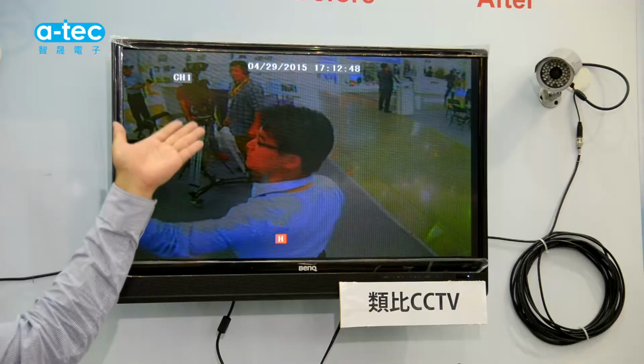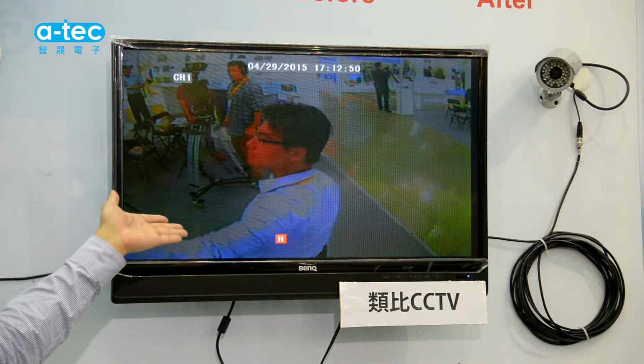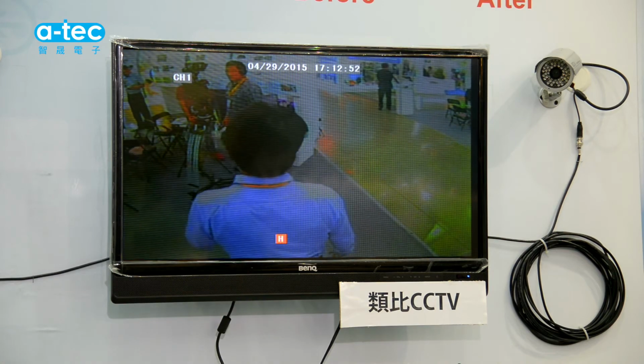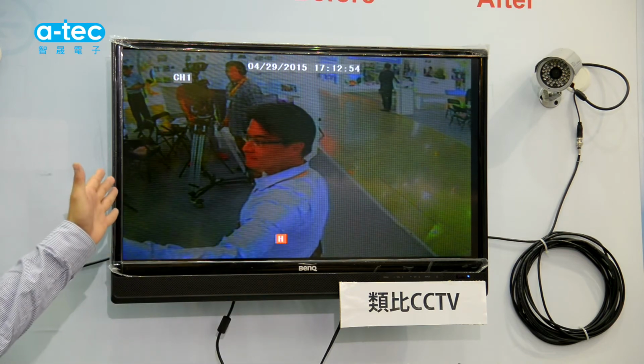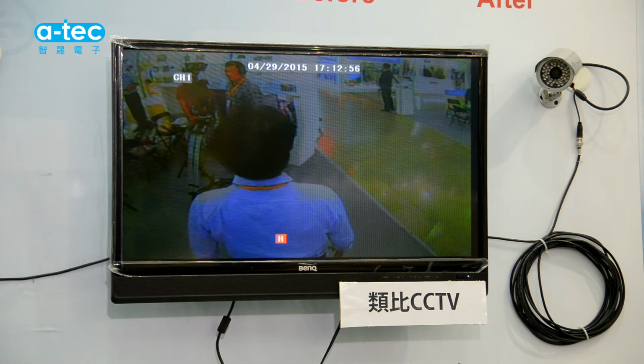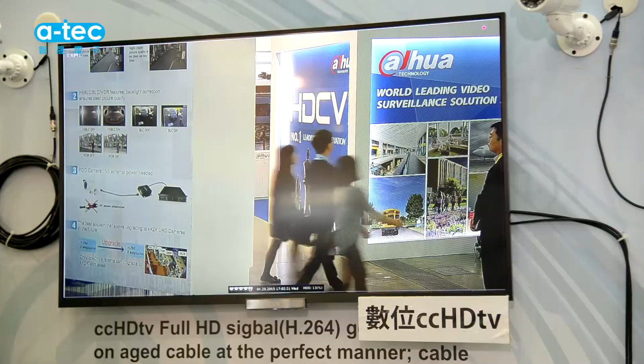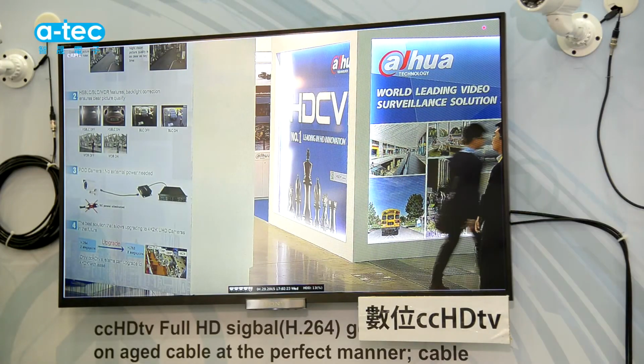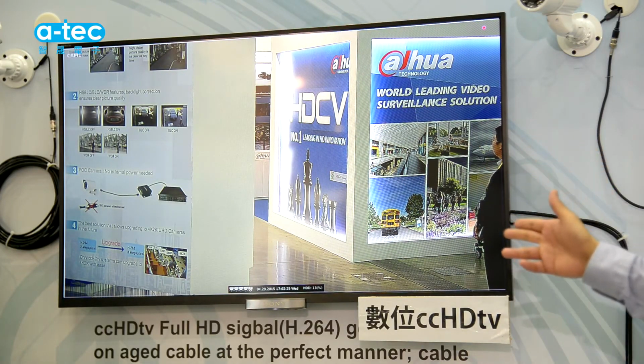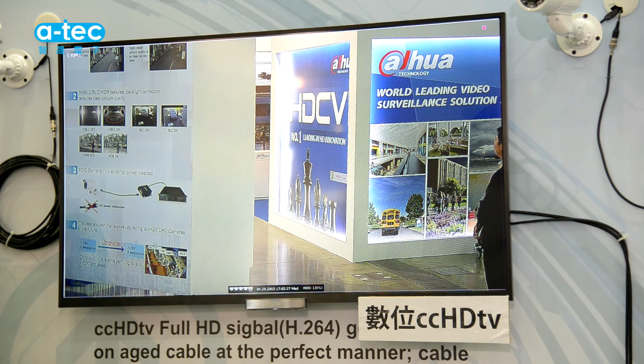You can see to my left a really bad quality. That's how it is with analog signals. It just degrades and the quality gets worse over time, whereas there's no impact at all on the digital one. The traditional camera just can't get over the aging problem of the cable, while my DTV camera would have no problem at all, giving you full HD video anytime, anywhere.